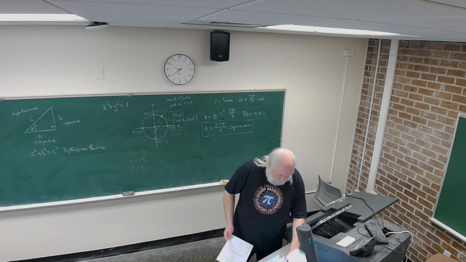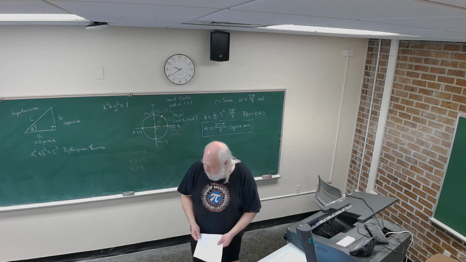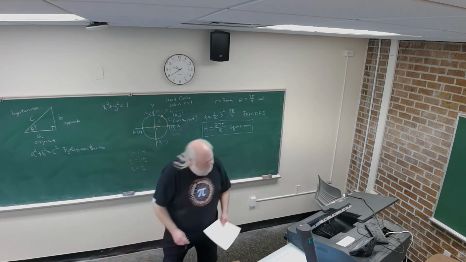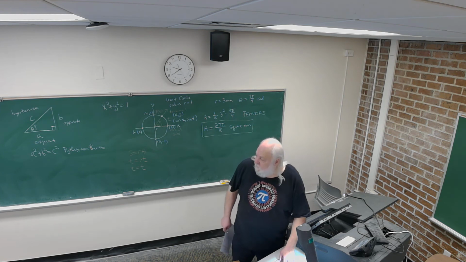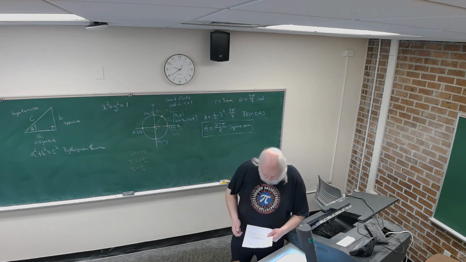And because x is constrained to be between -1 and 1, cosine t is constrained to be between -1 and 1. And sine t, because y is equal to sine t, is constrained to be between -1 and 1. So the values of the sine and cosine functions are bounded. The cosine of an angle is going to be a number between -1 and 1, and the sine of an angle is going to be between -1 and 1.